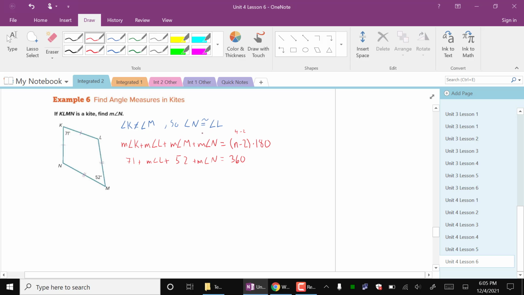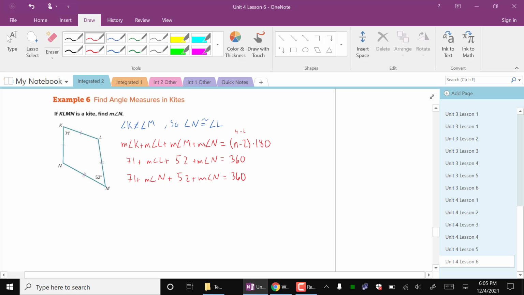But we set up here that N is congruent to L. So that means N equals L by definition of congruence. So 71 plus, I'm going to change this L over to an N, measure of angle N, plus 52 plus measure of angle N equals 360.